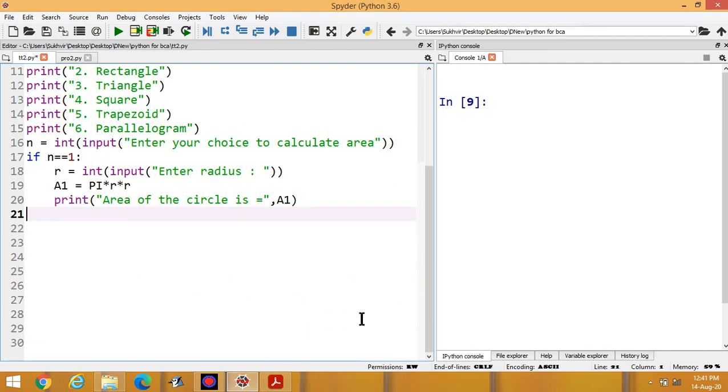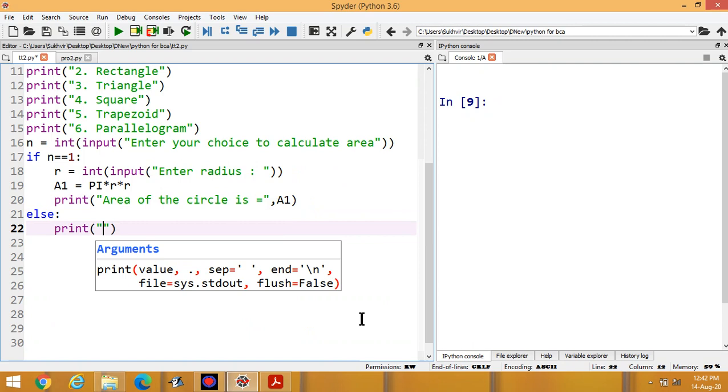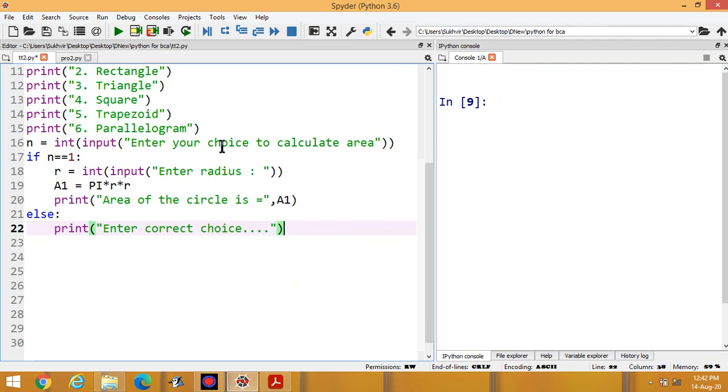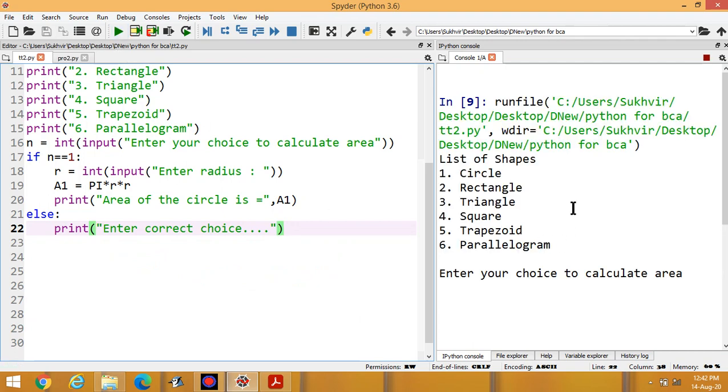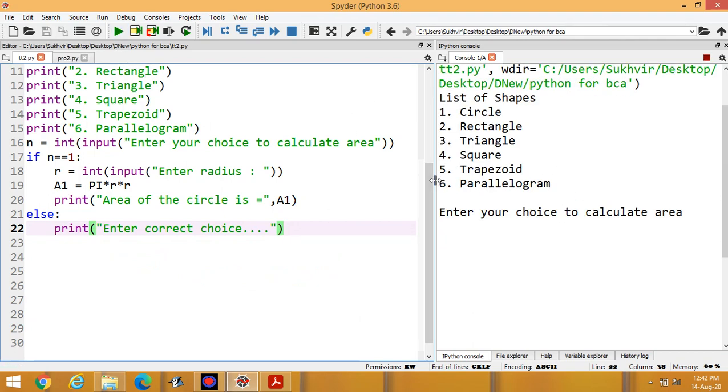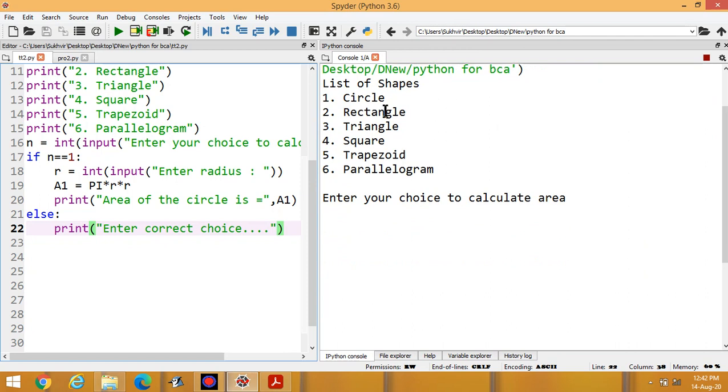Now else, print, suppose I write "enter correct choice". Suppose I execute the program, you can see the output as a list of the shapes because I developed only the first block.